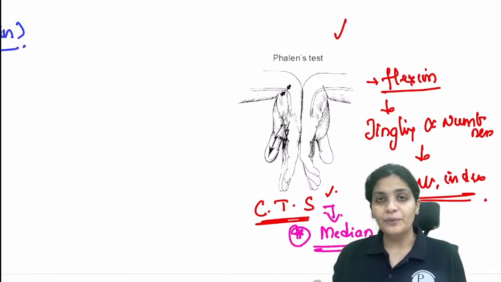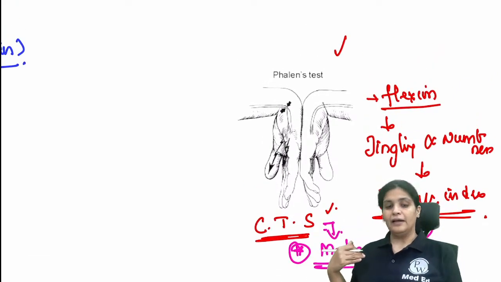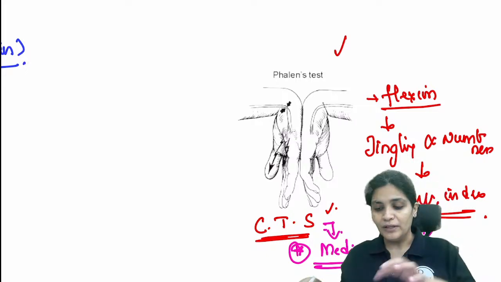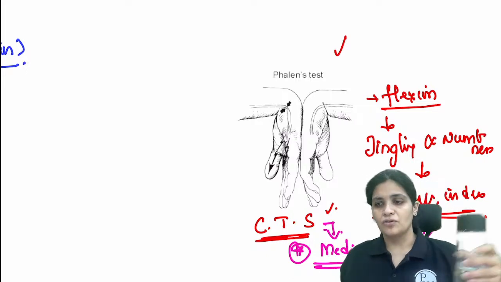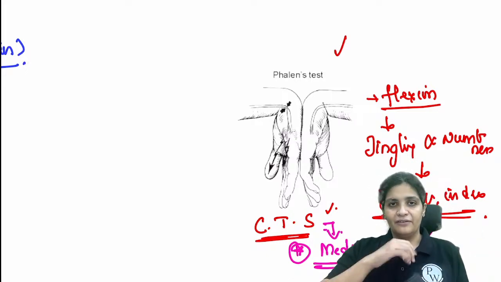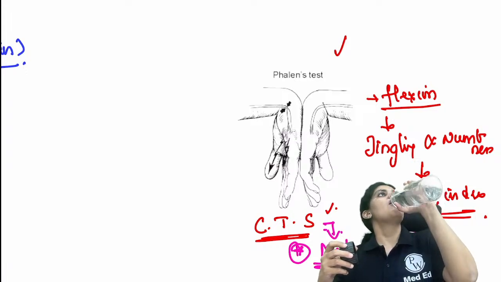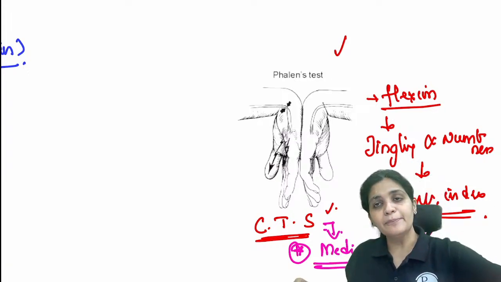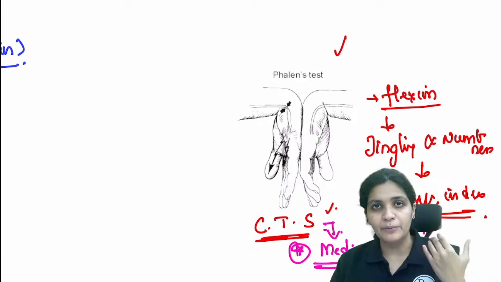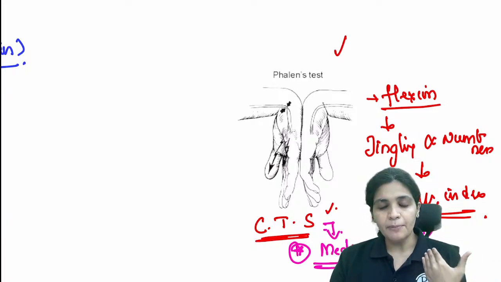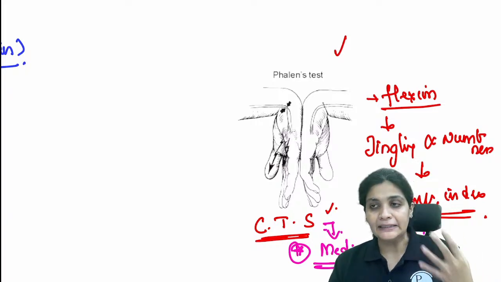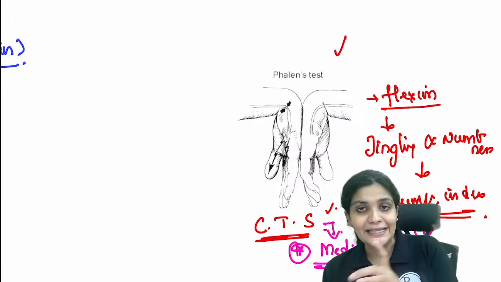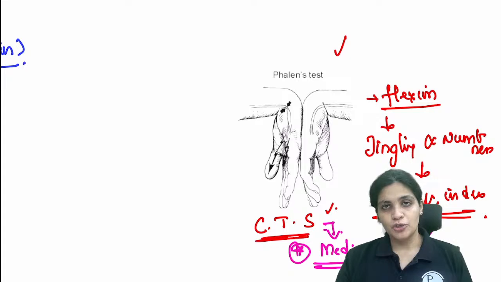So this is how we will again try to get those symptoms in the patient by doing this maneuver, right? So this is called a provocative test. Provocative means we are again asking the patient to do such a maneuver that will result in getting the symptoms. So this is how the patient usually presents.